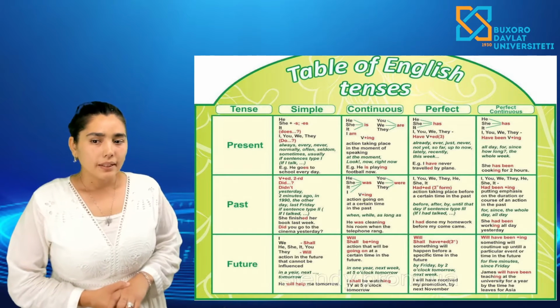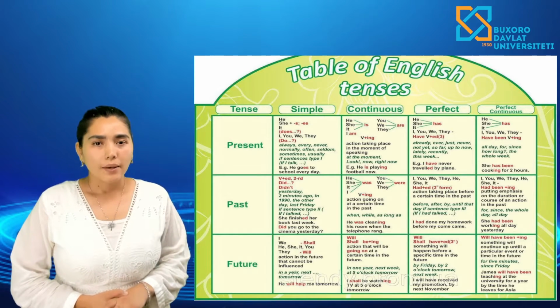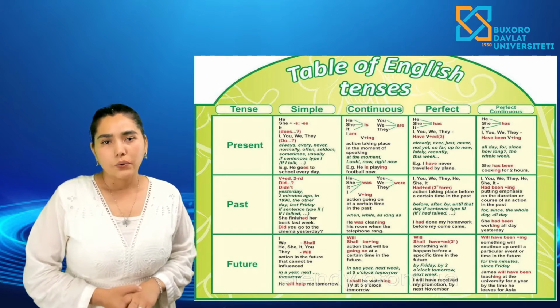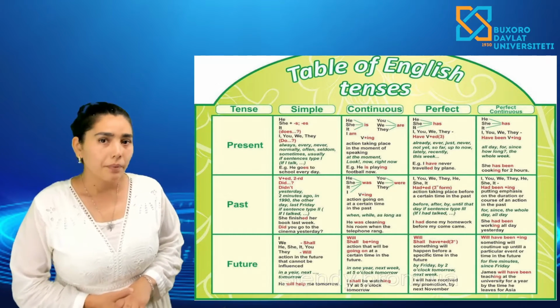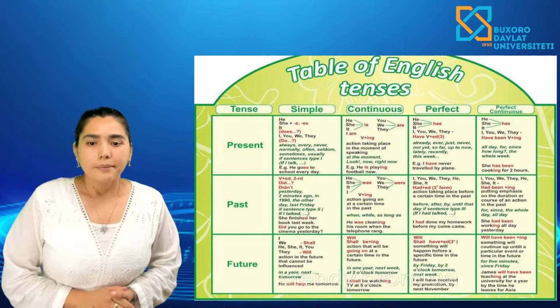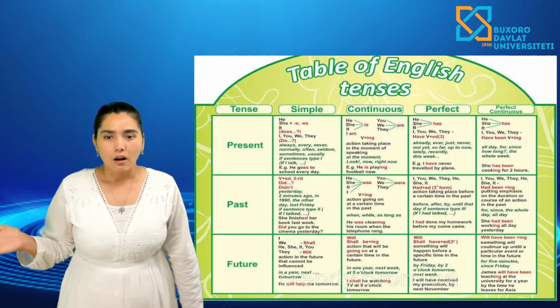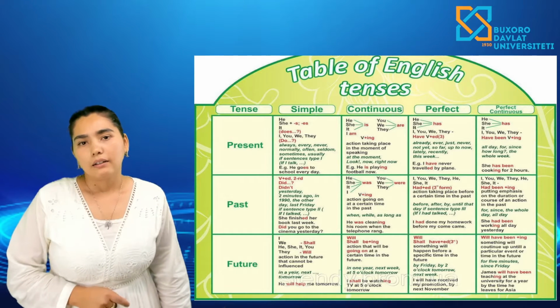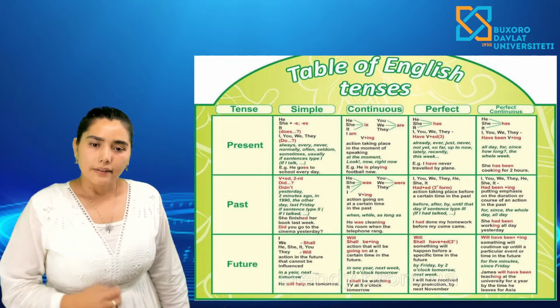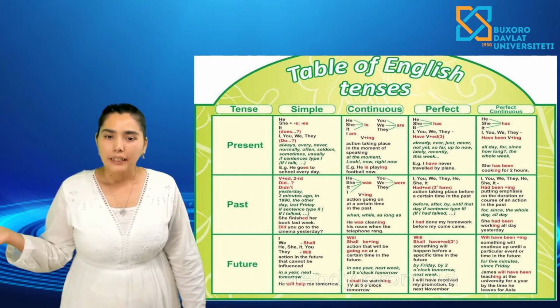Let's see the examples. He goes to school every day. Yes, it's present simple because goes uses the first verb type and has the s and es inflexion. He is playing football now. Is here is an auxiliary verb, and playing is the verb form. Let's see the sentence: I have never traveled by plane.